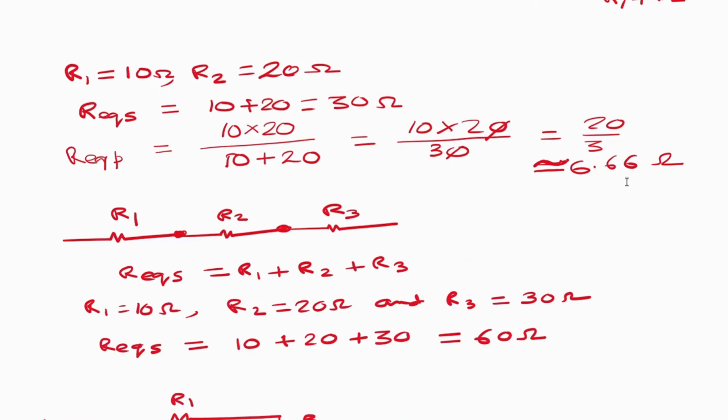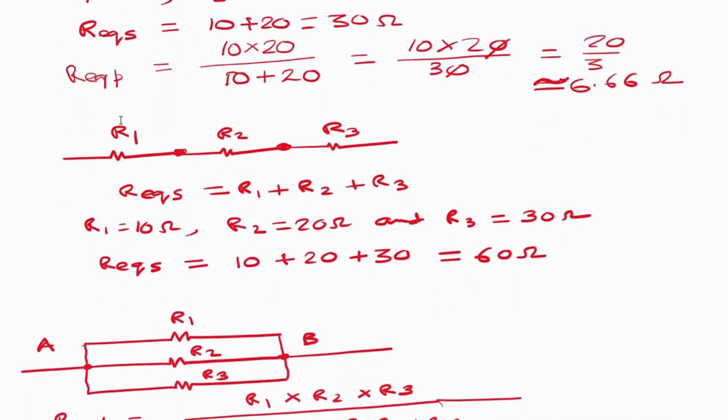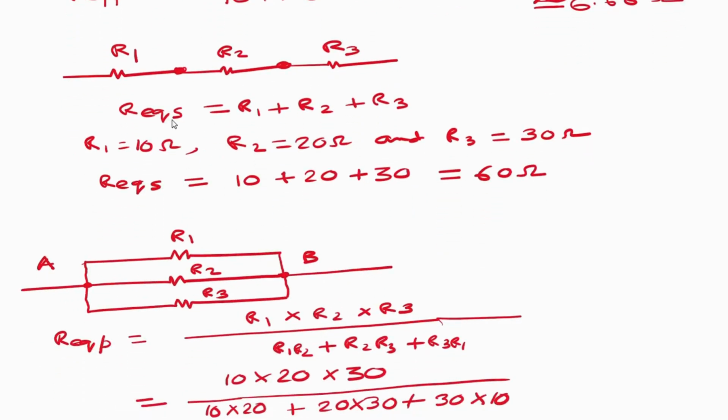Now considering another example, three resistors R1, R2, R3. If the three resistors are connected in series, this is R1, the end point of R1 here and the starting point of R2 here, so this is R2, and the ending point of R2 is connected here to R3. So R equivalent in series, S, is R1 plus R2 plus R3.